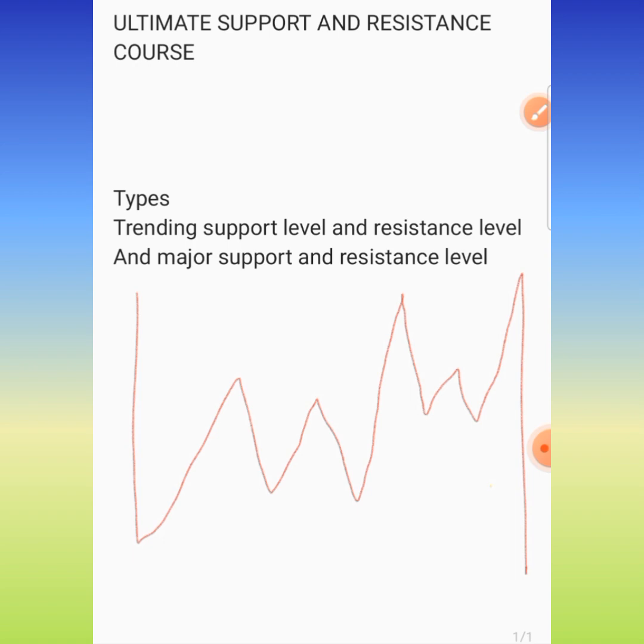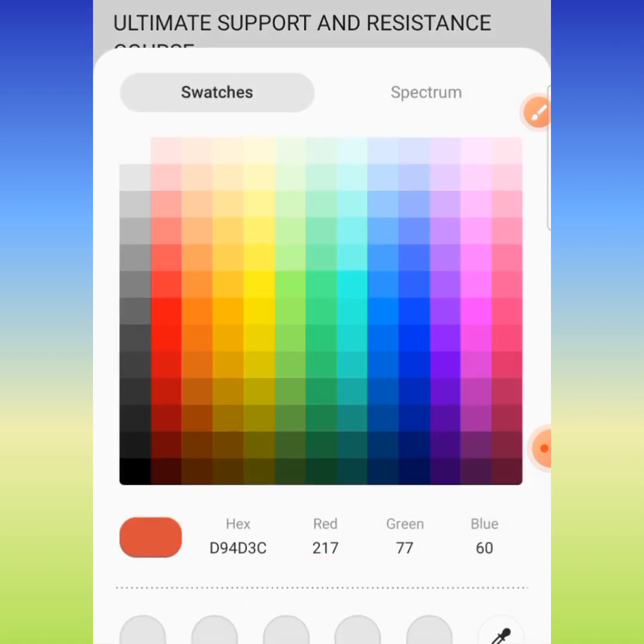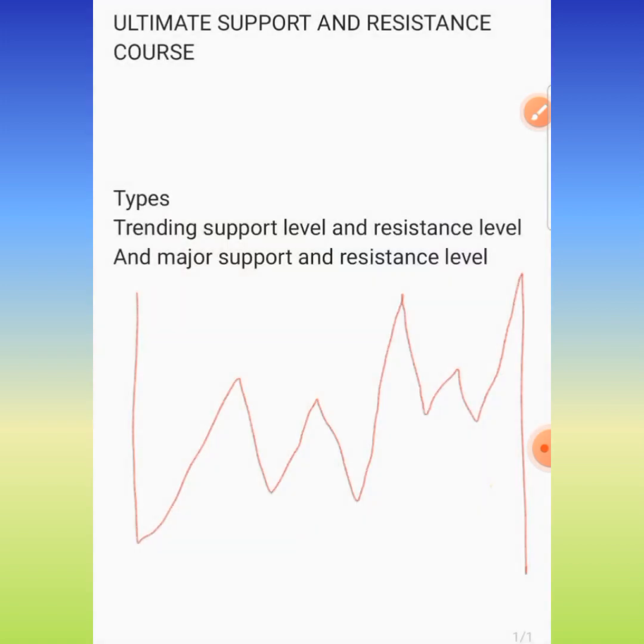So when you look at this level, now look at this level. What do you discover? This is a major resistance level.